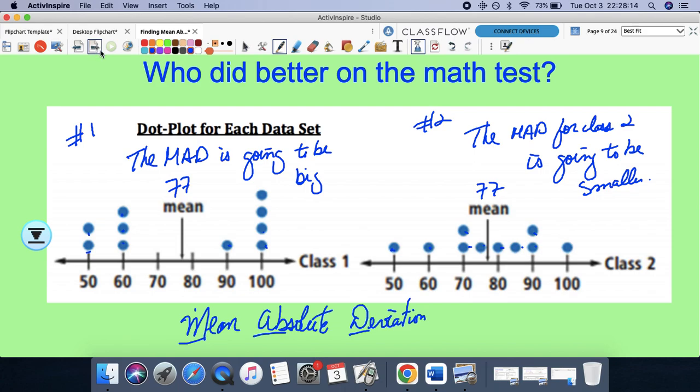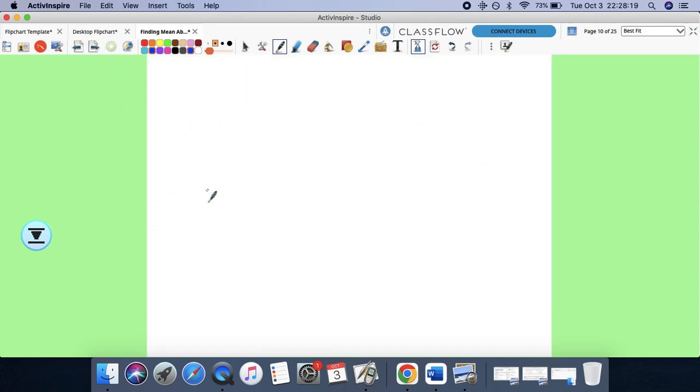So let me draw you another picture here. Let's say I had these, and let's say the mean, put a flag, let's say the mean was 23.